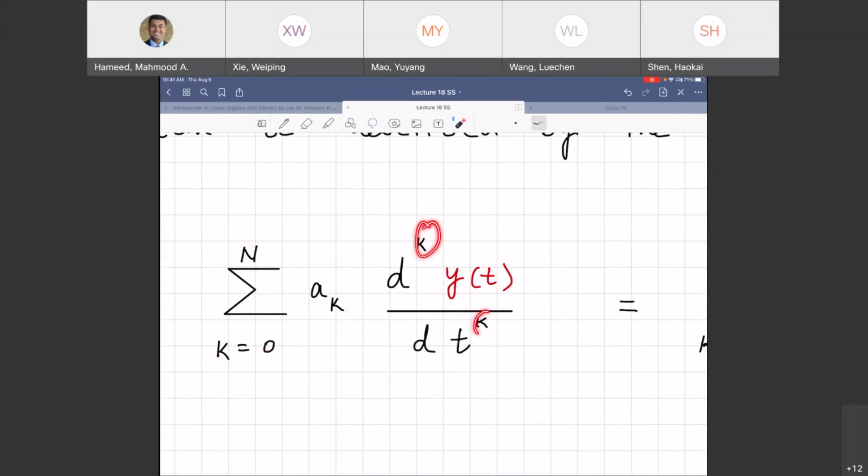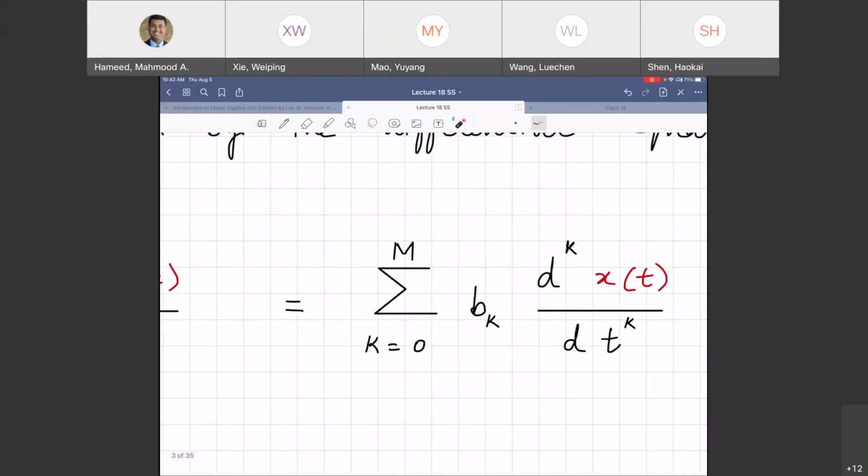So the kth derivative of y of t, we are multiplying with a_k, right? So if you had 2 terms, then it would look like 5 times the second derivative of y plus 10 times the first derivative of y. That's what the left side looks like.